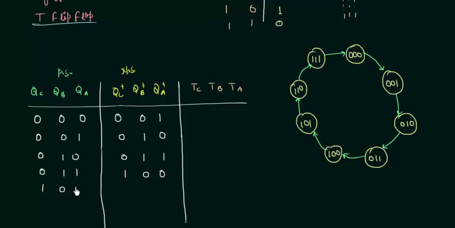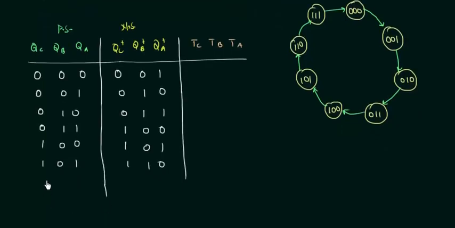If the present state is 4, the next state is 5. If the present state is 5, the next state is 6. And if the present state is 6, the next state is 7, the maximum count. And if the present state is 7, the next state is 0. We are again back to 0. So this is what we have derived from this state diagram, and now we will find out the values for TC, TB and TA.